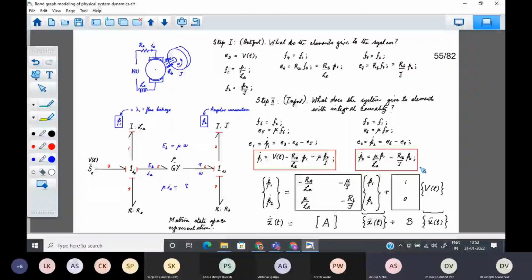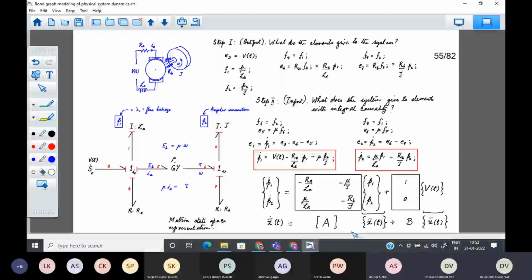The second row can be determined from the second equation, that is P2 dot equal to mu upon LA into P1, minus RB by J into P2. And here you will have 1, 0 multiplied by V of t. The input vector is only 1 by 1 over here.